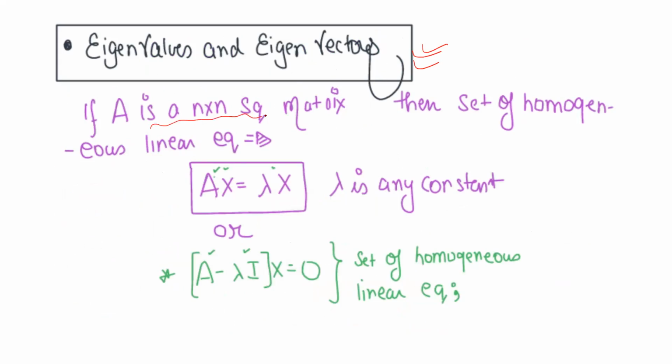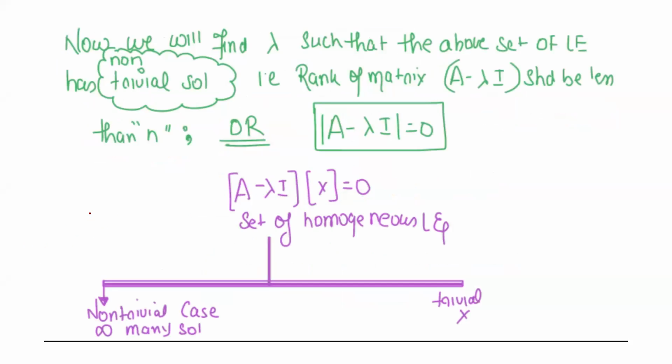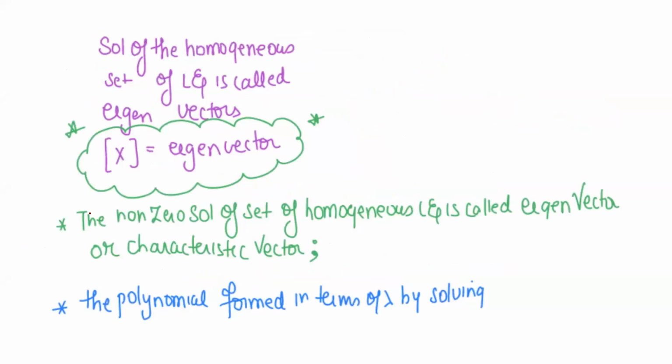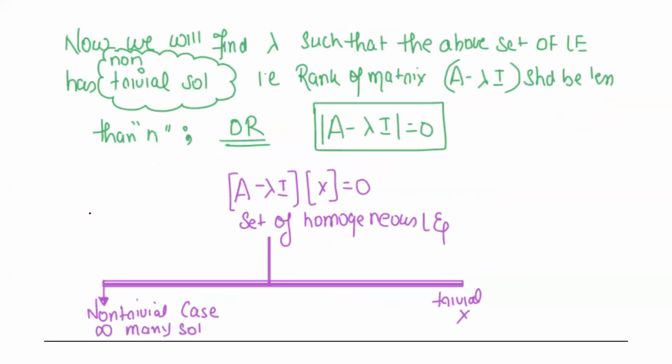If A is an n cross n square matrix, then the set of homogeneous linear equations will be Ax is equal to lambda x, where lambda is any constant. So we can write that (A minus lambda I) x is equal to 0. So how will we find the eigenvalues? We have to find lambda such that the above set of linear equations has a non-trivial solution.